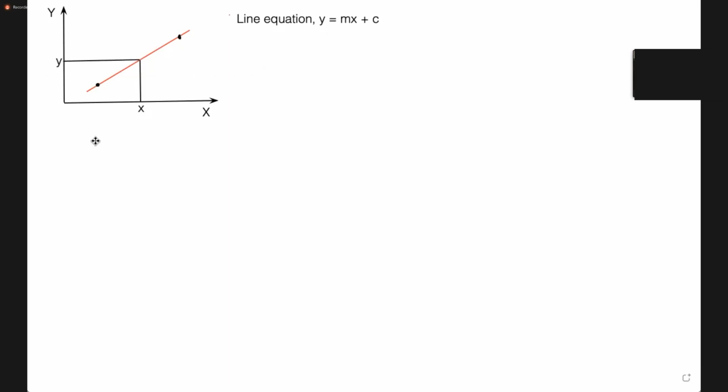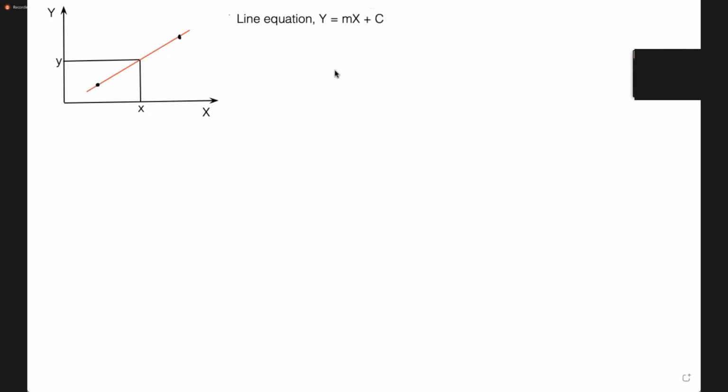Now this is what we take as the x comma y location. When we substitute, now let me change this: y equals mx plus c.